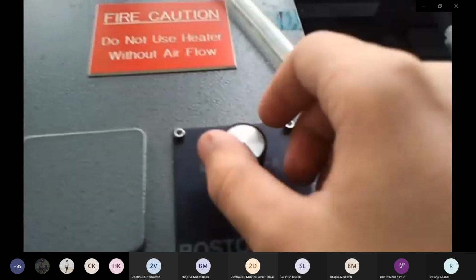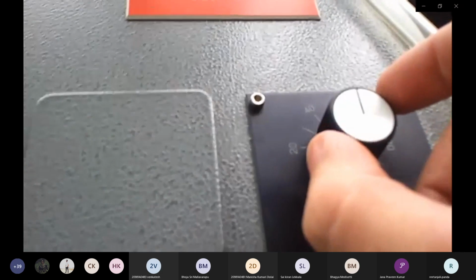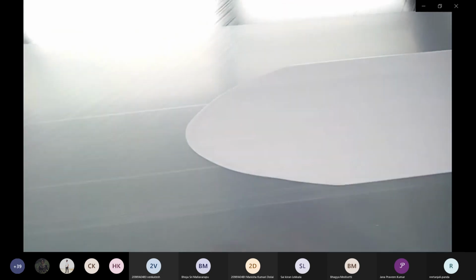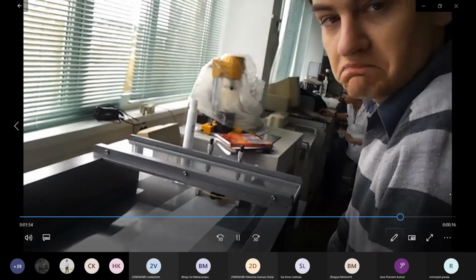This is how it occurs here. So this is the product you see over here, a tape casting glass material.